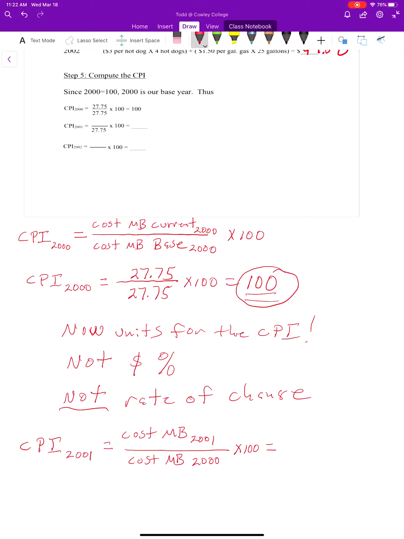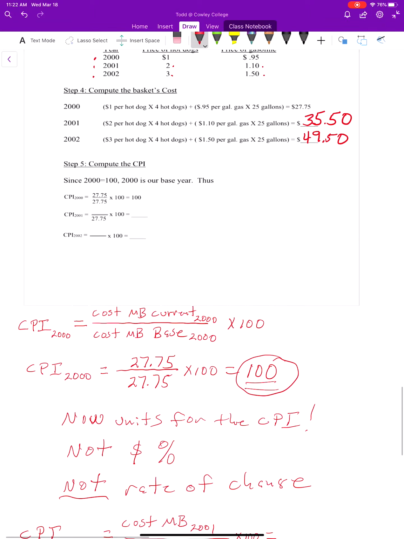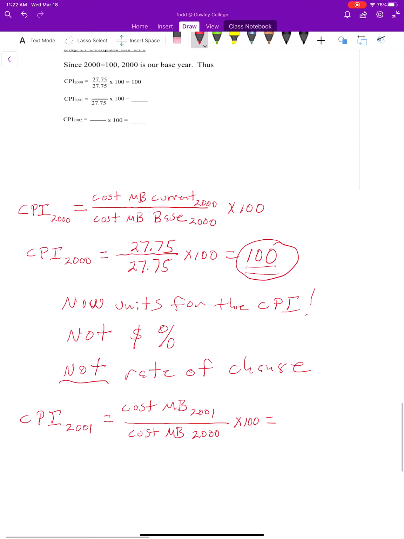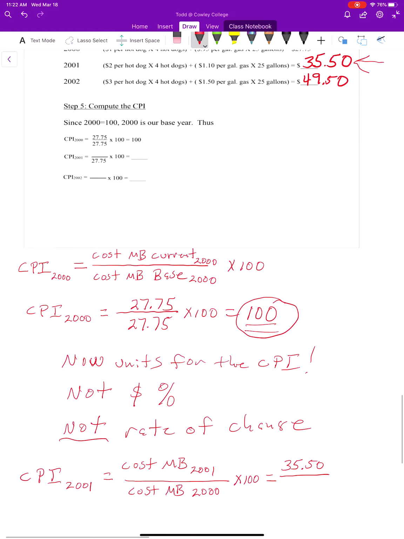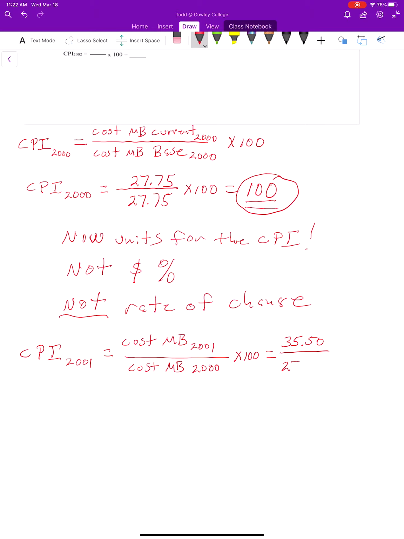The cost of the market basket in 2001, we said, was $35.50. So $35.50 divided by the cost of the market basket in our base year, which clearly hasn't changed, so that's $27.75, multiplied by 100.